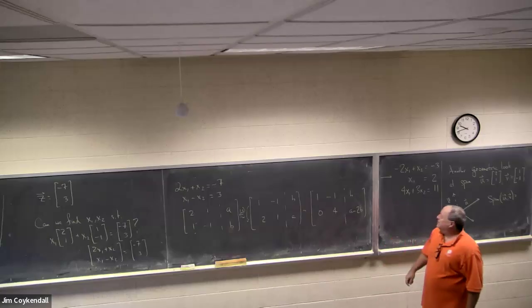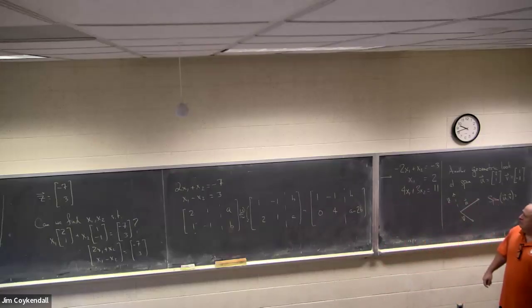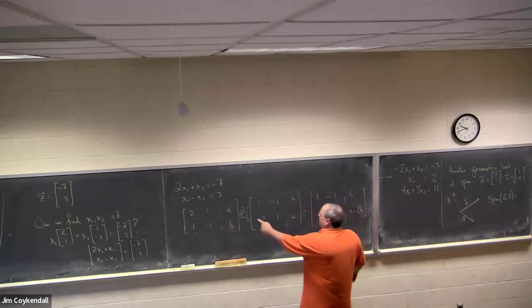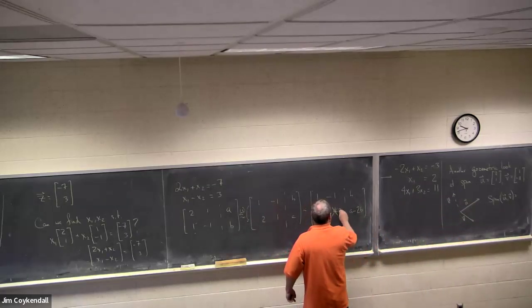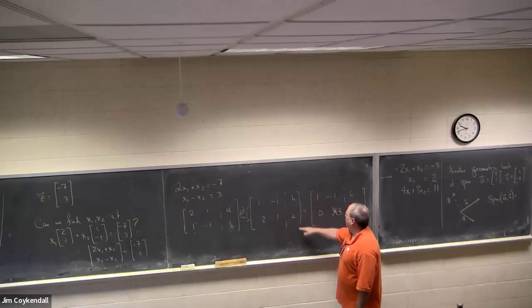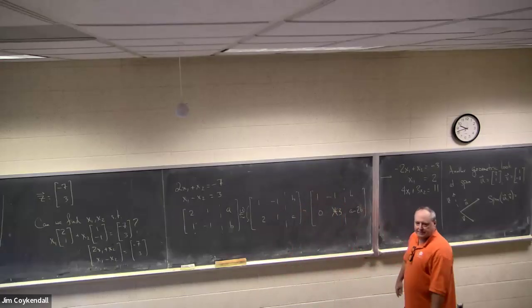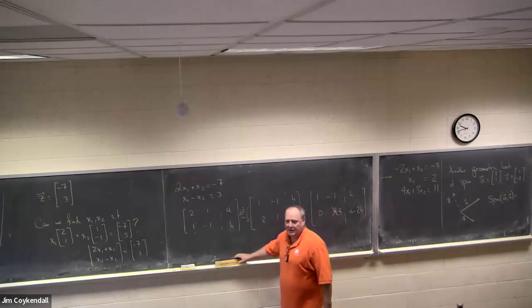Everybody agree with my assessment there? Actually, I multiply this by -2, and here I get 0, then 3, not 4. Yeah, it looks right. Everybody okay with this?